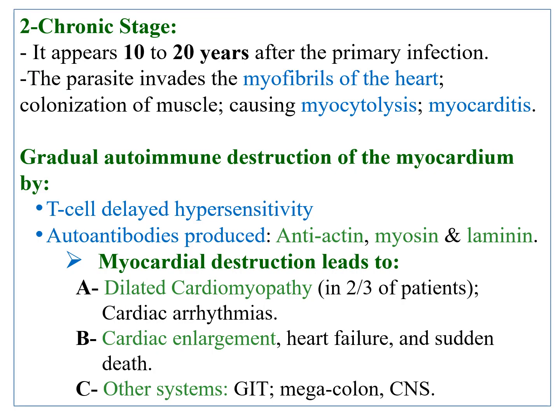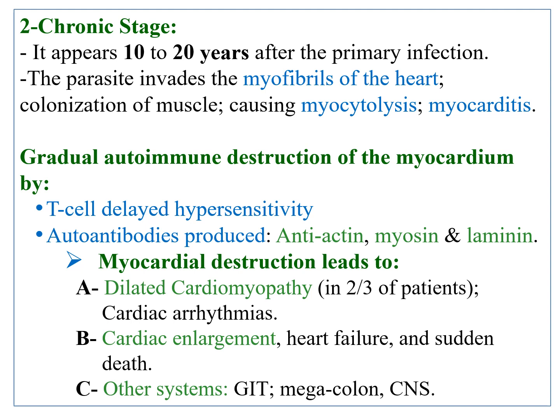If the patient doesn't receive appropriate treatment during the acute stage of Chagas disease, they are going to present 10 to 20 years later in the chronic stage of the disease. During this period, the amastigote of Trypanosoma cruzi is multiplying inside the tissues of many systems of the body, including the myocardium. The multiplication of the amastigote inside these tissues leads to tissue destruction and loss.